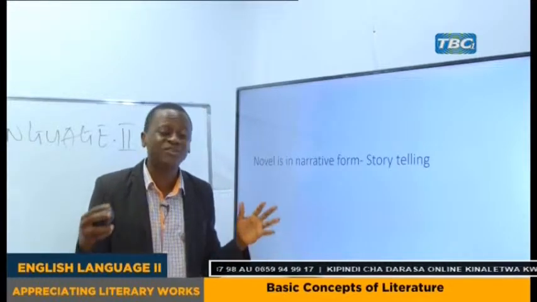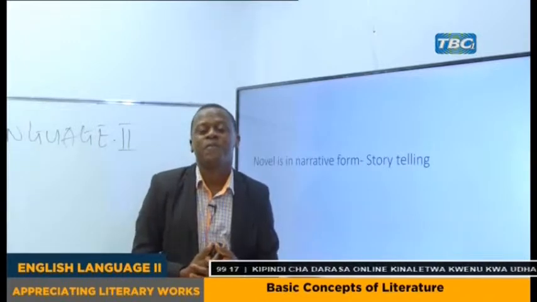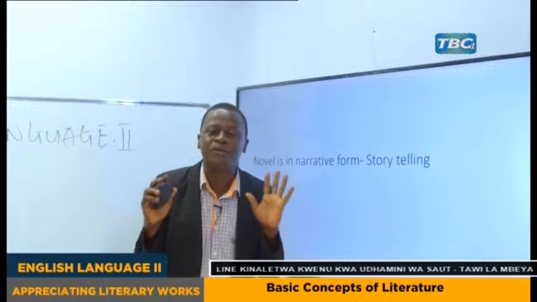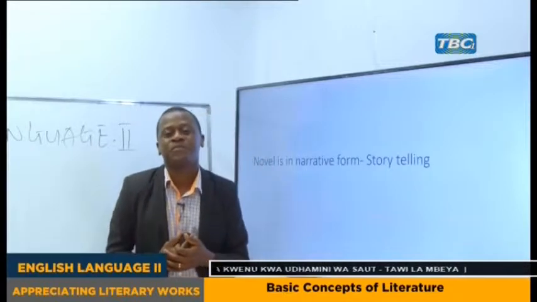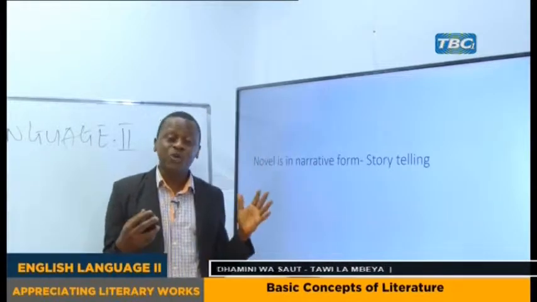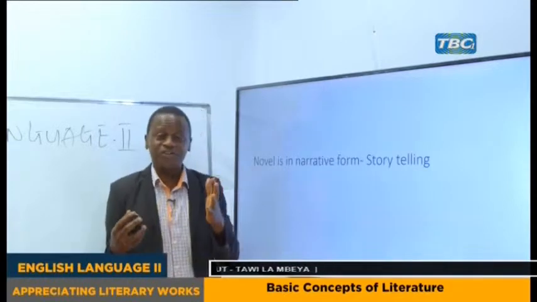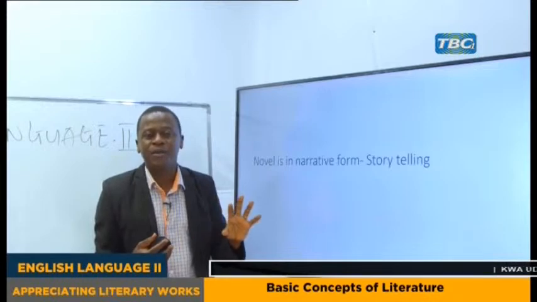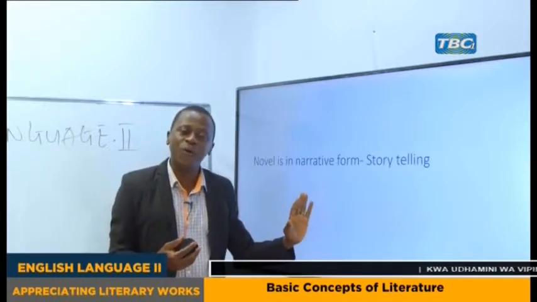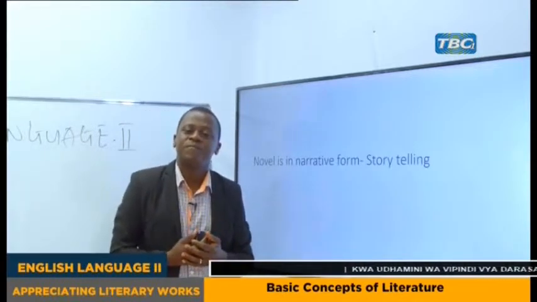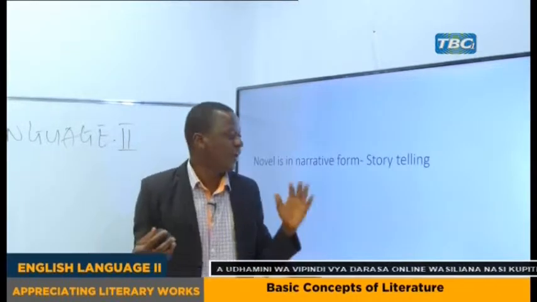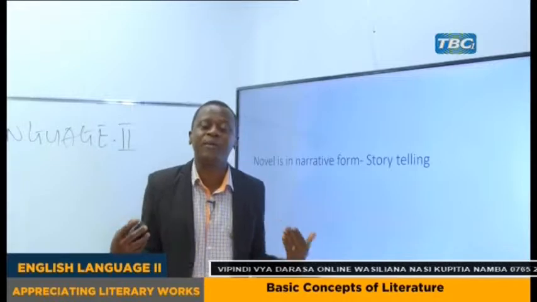And such animals were so beautiful. The animals were very, very attractive. As I was traveling, now, students, you can look at this. The pronoun I has been used to narrate such a story. It tells somebody's experience. It narrates a story about someone's experience.